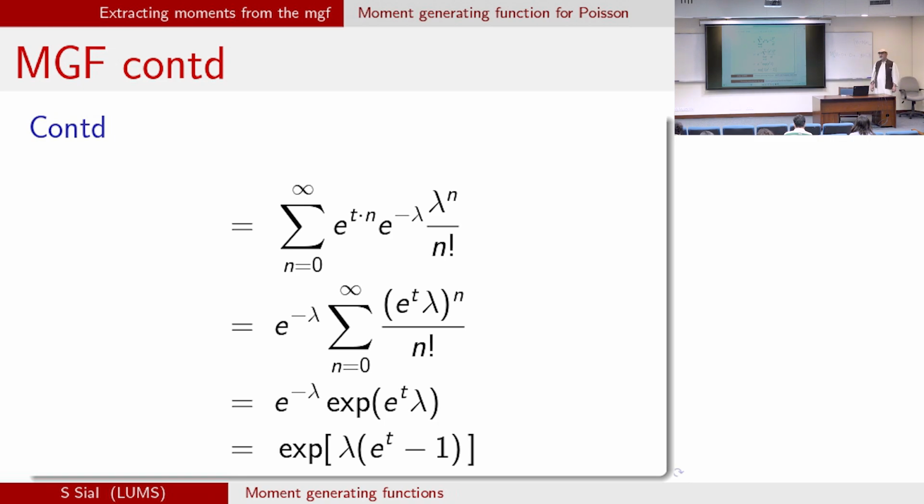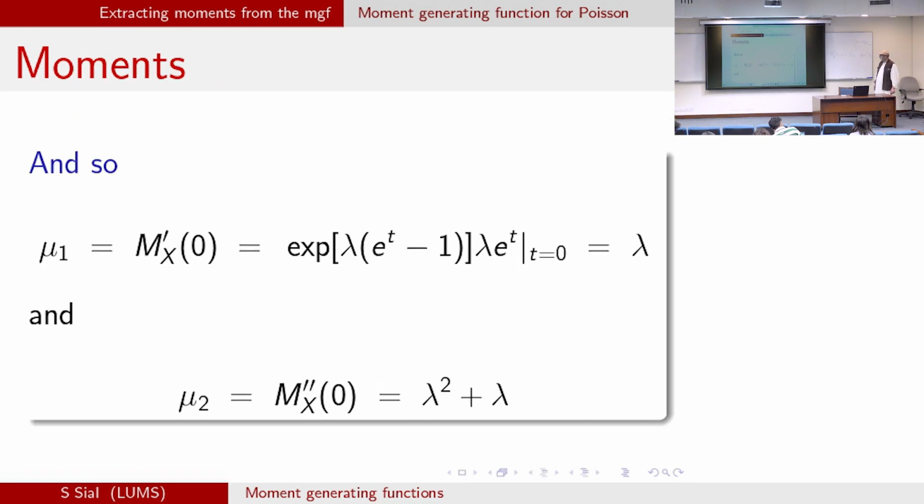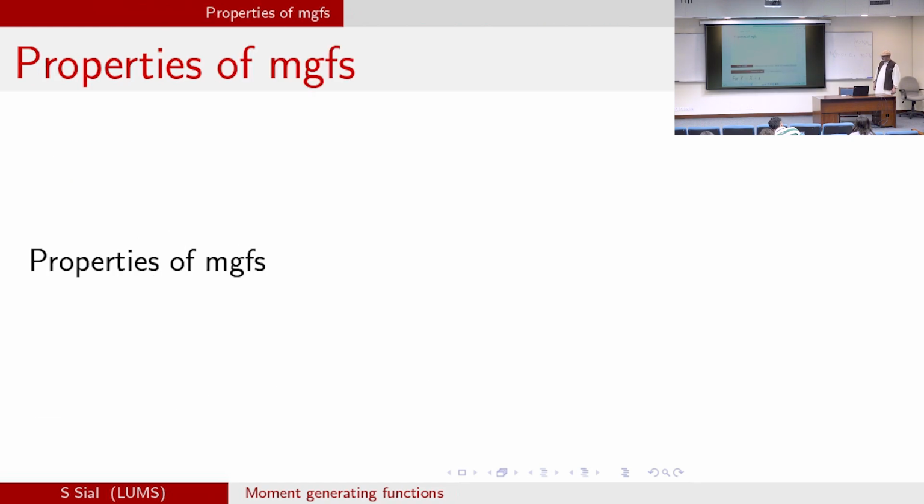So if you find that the random variable you're working with has this MGF, then you will immediately say that the random variable is a Poisson random variable with parameter lambda. And again, you can extract the expectation and the variances that we already had.